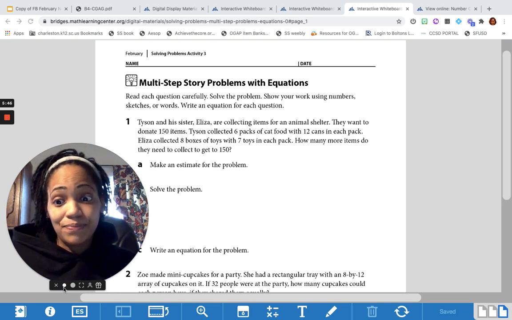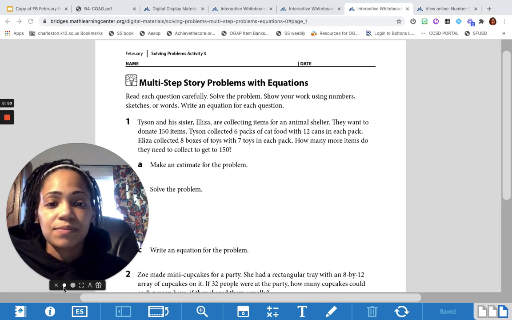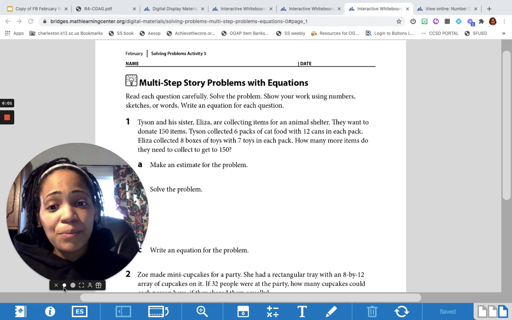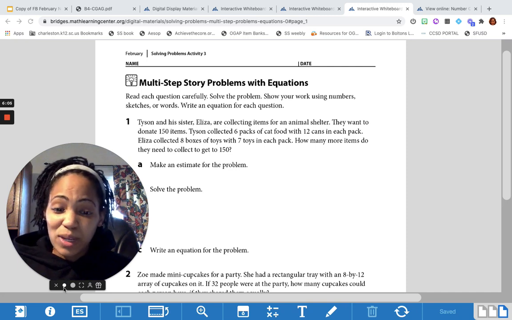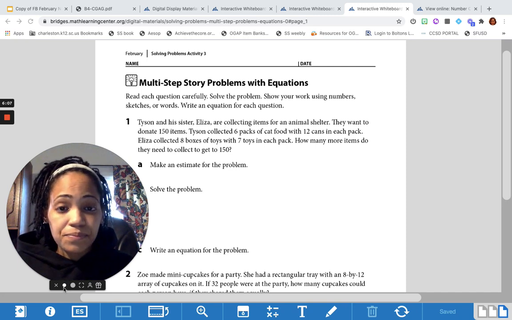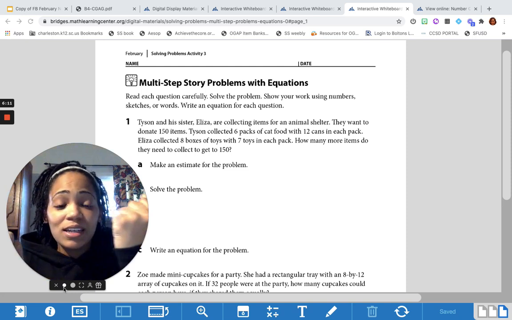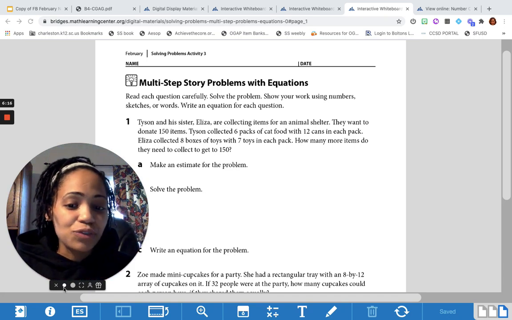So I'm going to ask you, what is this problem all about? Yeah, they're collecting things. They have some cat food and they have some toys. And they need 150. So we need to figure out what? The total amount of cat food and toys, and then how many more we might need to get to 150.